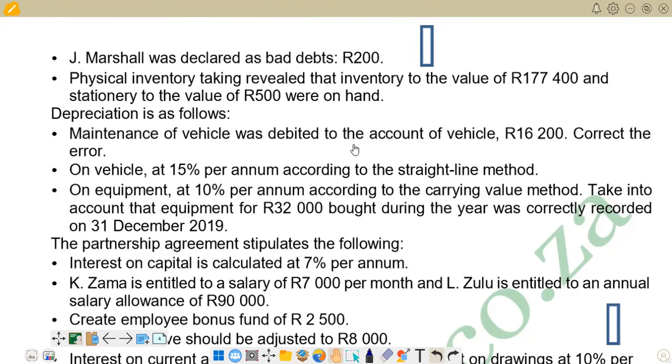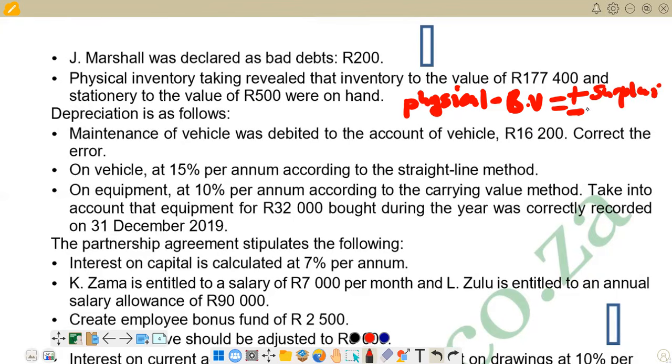You are going to say the physical figure, the physical stock count figure, minus the book value figure there. So when you calculate that and it is positive, when the physical is greater than the book value, it's going to be a surplus. But when you get a negative figure, it's going to be a deficit.